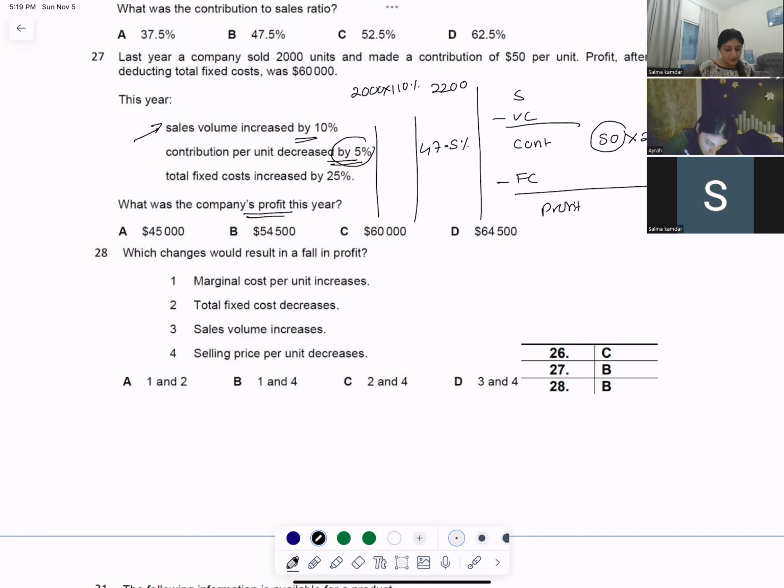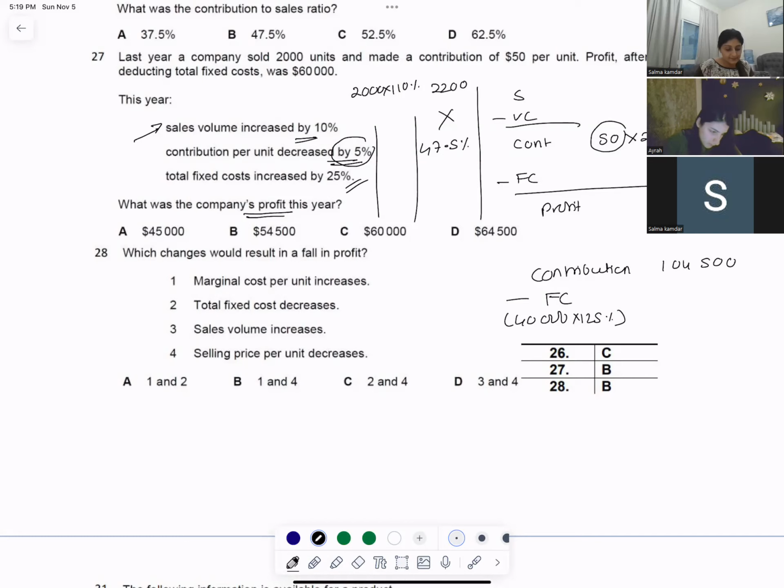47.5 into 2,200, the total will be 104,500 minus the fixed cost. Fixed cost is also increased by 25%. So the fixed cost will be 50,000 into 125%.